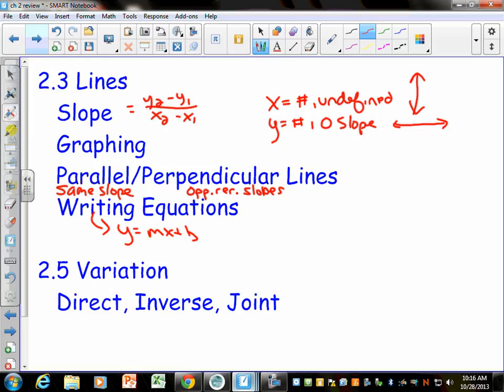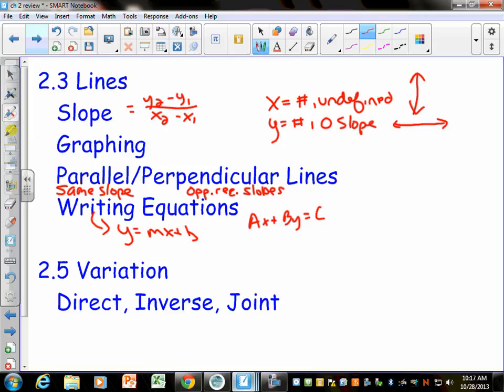Or the general form, which I don't know that anyone uses, but ax plus by equals c. I think the directions in your homework gave you those options. Reciprocal, that's a C, my shorthand.